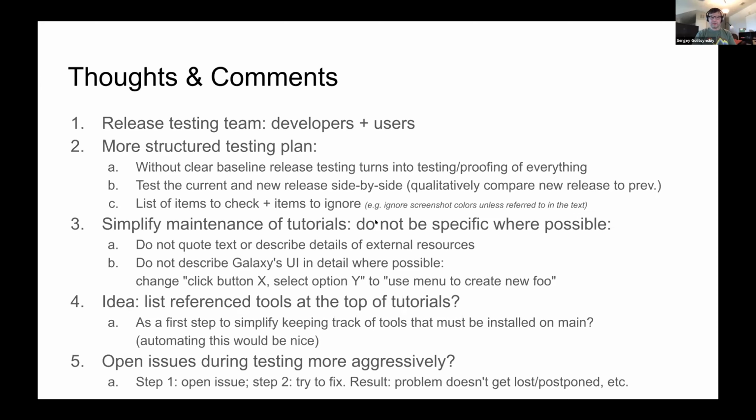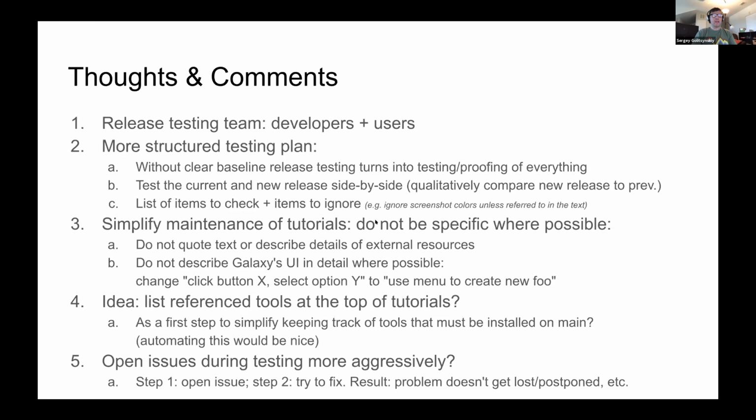With regard to making the whole problem of maintaining tutorials more tractable, edit them a little bit. For example, do not make them specific where it's not really important, so do not quote text from external resources.